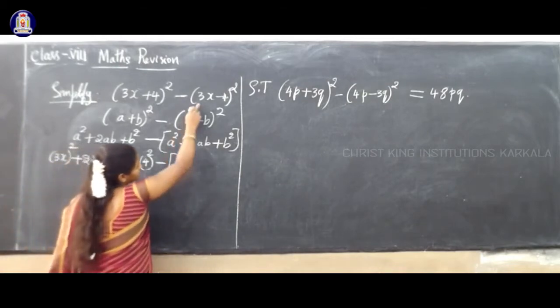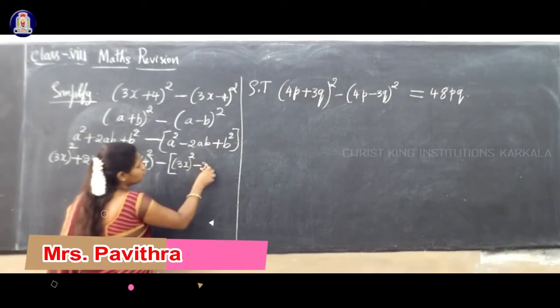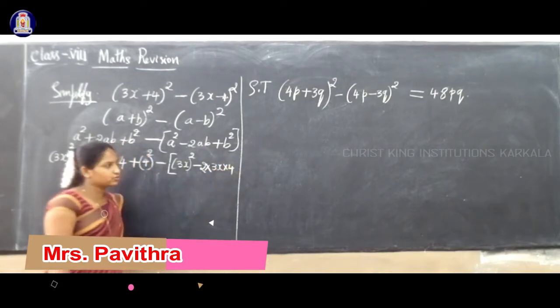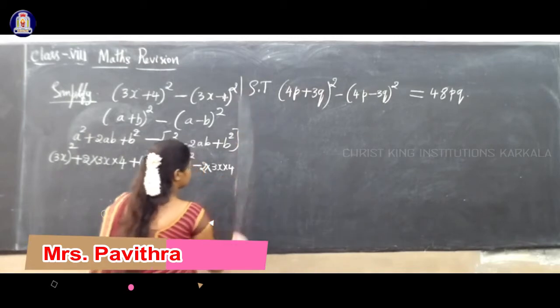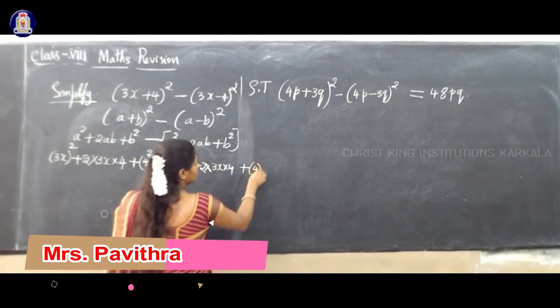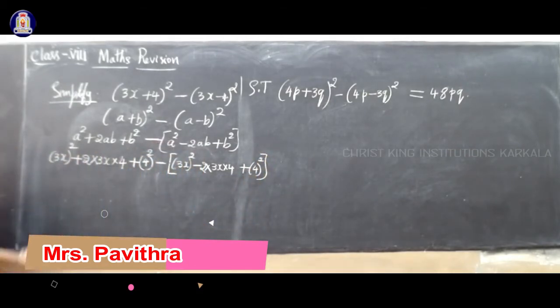So a square means here a is 3x, (3x) whole square, minus 2 into what is a? A is 3x. What is b? B is 4. So next b square means plus (4) the whole square. Clear? So just you have to simplify.